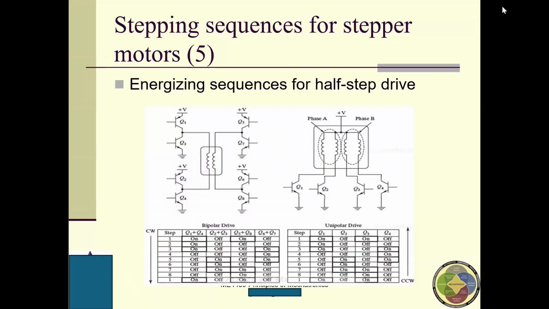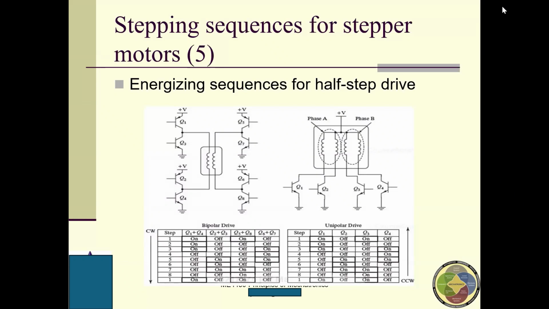Okay? That means for every 45 degrees, I will stop. For every 45 degrees, I stop. But for the wave drive, you have a 90 degree stop, 90 degree stop, 90 degree stop. But for the full step drive, even though your orientation is different, one step is always 90 degrees. One step, 90 degrees, next step.